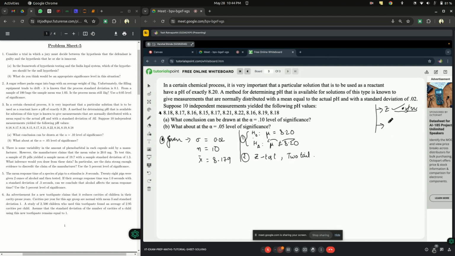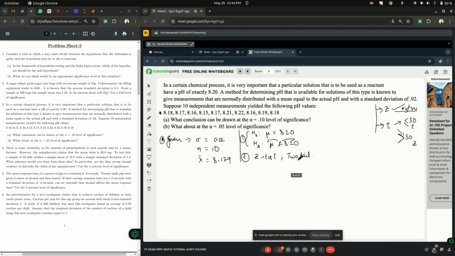But if your test criteria is the T test, and in that my sample is less than 30, then I'll go with the T test. If it goes beyond 30, then we will go for the Z test. So that is only in case 2. Correct. If n is less than 30, then T test. Got it?